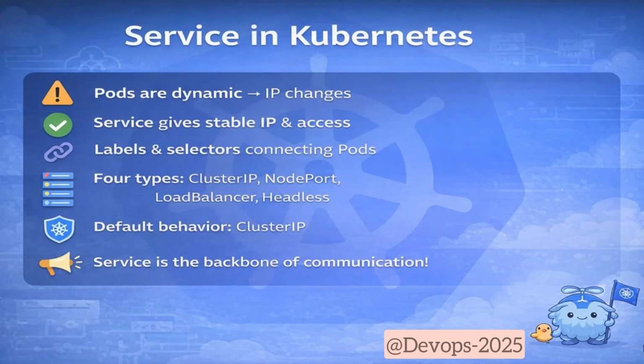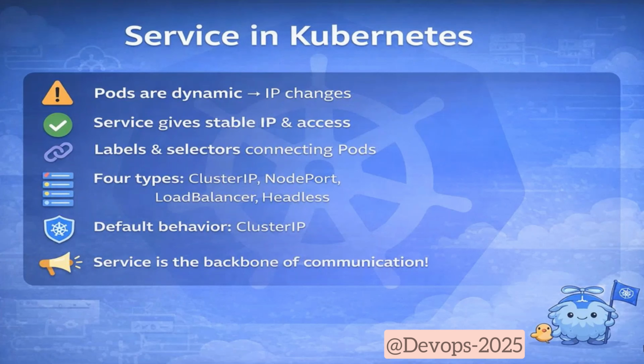You don't want developers to keep updating IPs after every restart. So this is one of the biggest communication problems in Kubernetes. The solution here is you create a back-end service. Kubernetes gives it a stable virtual IP. The front-end now talks only to the service IP, not to the pod IP.